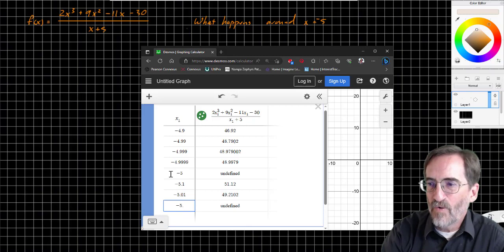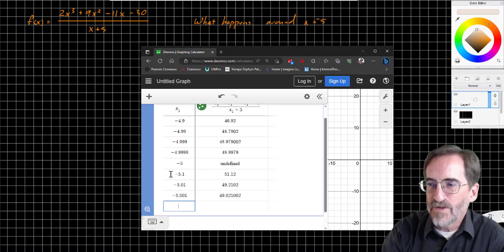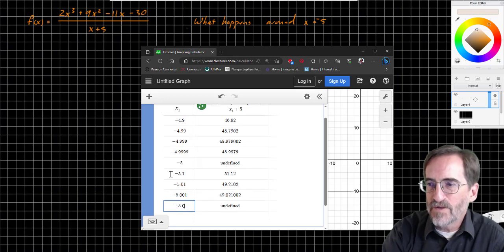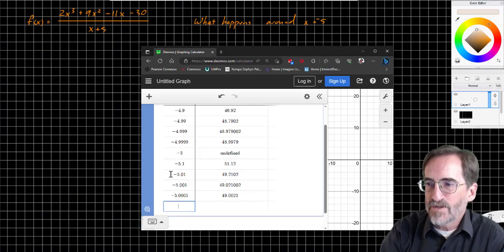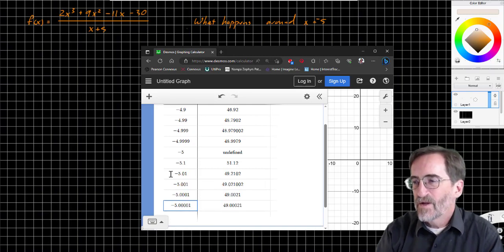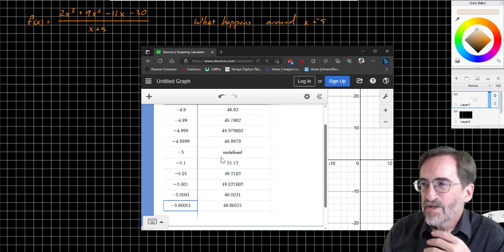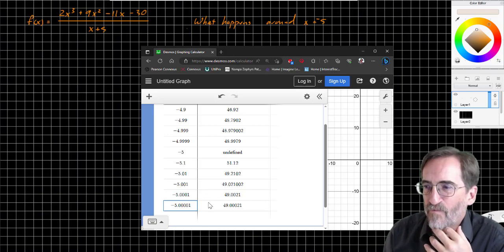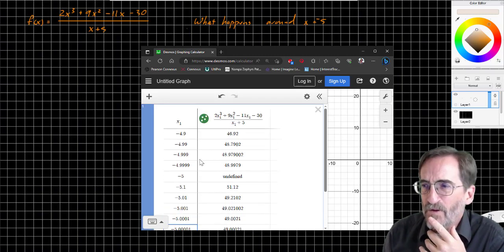Negative 5.001: 49.02. Negative 5.0001: 49.0021. Negative 5.00001. Both values seem to be approaching 49, from the left and from the right.